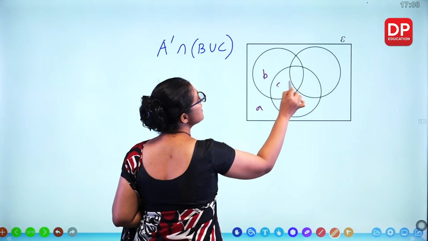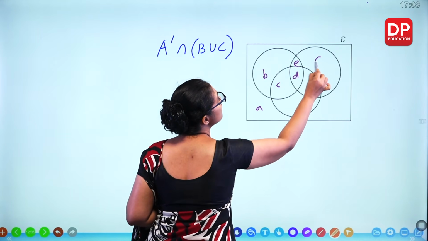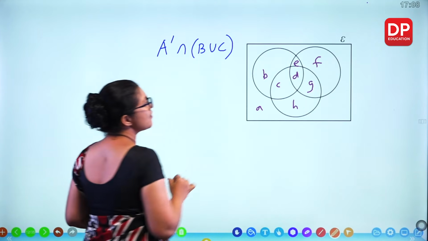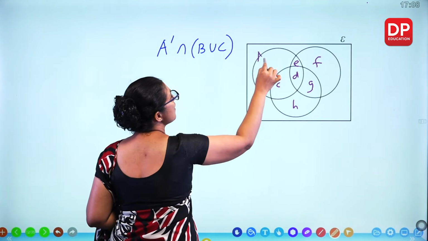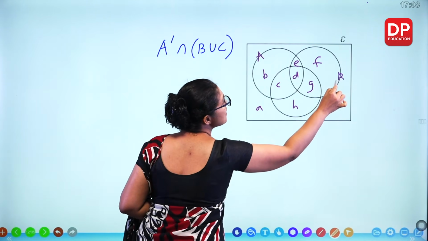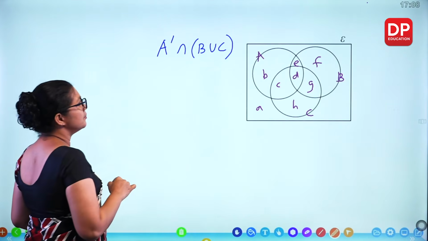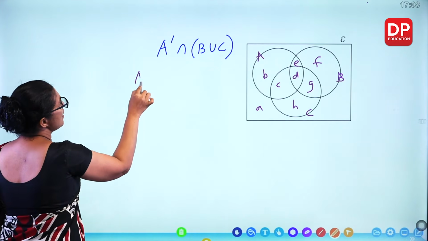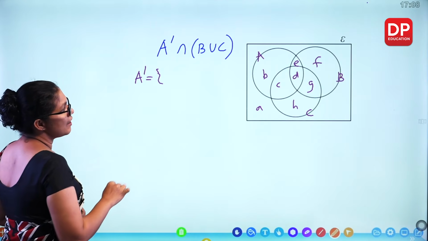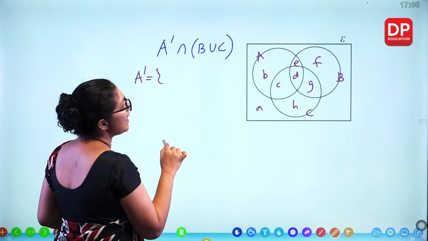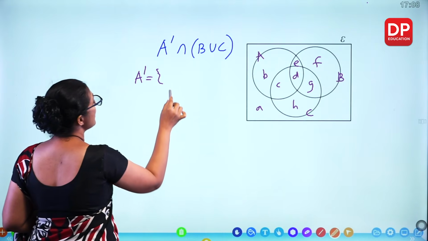Label A, B, C, D, E, F, G, H, different letters, and then identify this A, B, C, and write down A dash. Not belongs to A means A, F, G, H.